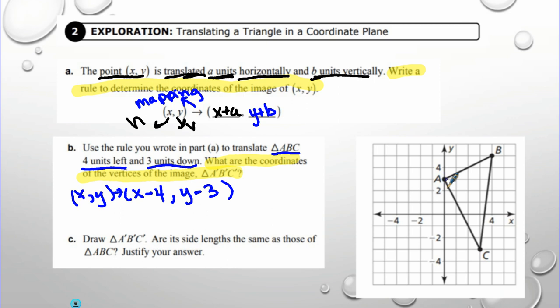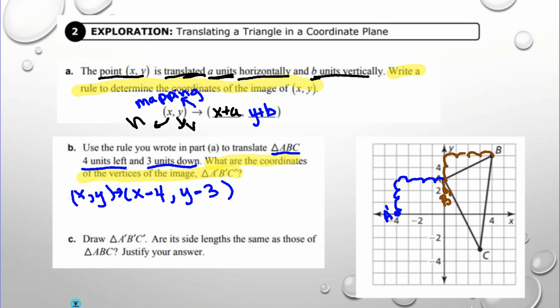All right, now I'm going to take this A and move it to the left 4: 1, 2, 3, and 4. And then it tells me to go down 3: 1, 2, and 3. That puts it here, and we're going to call that A prime. Now I'm going to do the same for B. Move it to the left 4: 1, 2, 3, 4, and then down 1, 2, and 3. That makes this B prime.